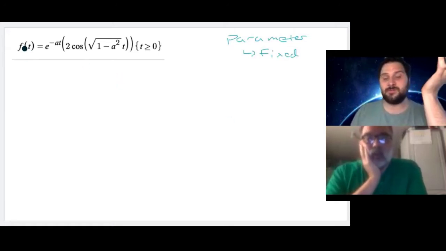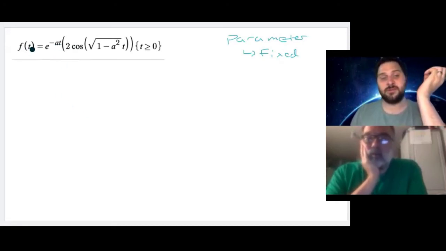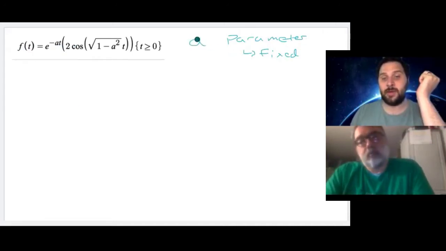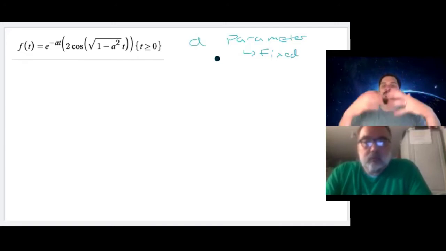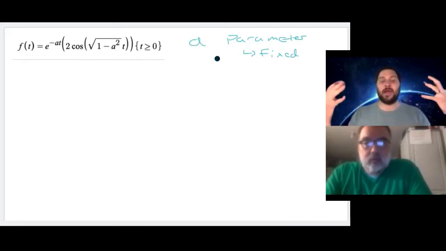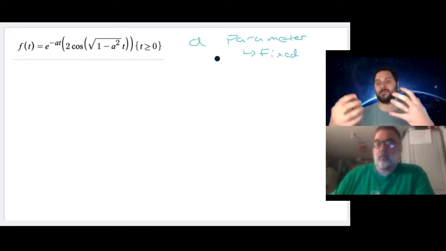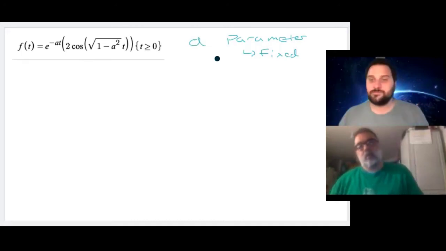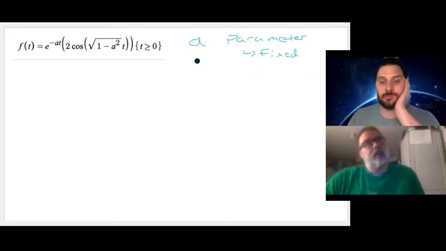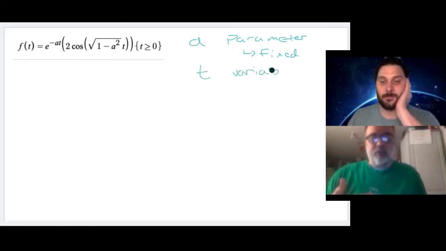But we're in the world of a function, right? So this variable is a different kind of thing. The T is the input to the function, whereas the A is a parameter, which describes in the scenario how strong the resistance to the oscillation is. Yeah, and this is probably on me, but we haven't emphasized a lot the idea of with respect to.